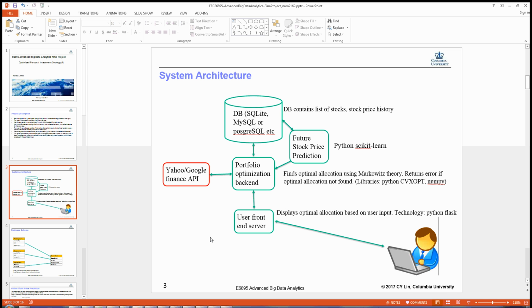Then it uses Python libraries like CVXOPT and NumPy to achieve the optimal allocation and implement Markowitz theory. The user uses a front-end server to enter his or her inputs, and I am using Python Flask for that.